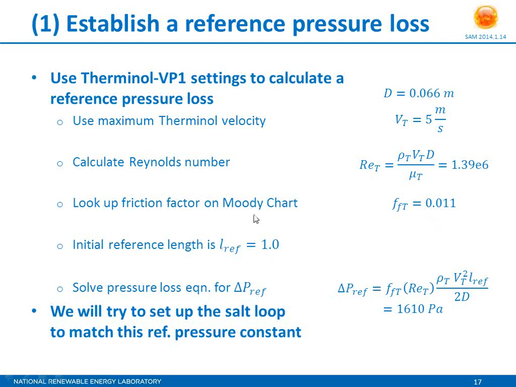Now, what that's related to is this pressure loss coefficient here. If we were to set our reference length to 600 meters or whatever your typical loop length might be, this pressure coefficient over here would be fairly close to what we actually see in the loop. But in the end, all of that would divide out.